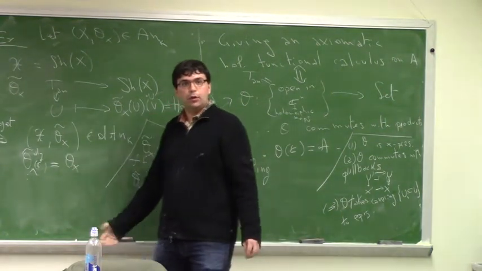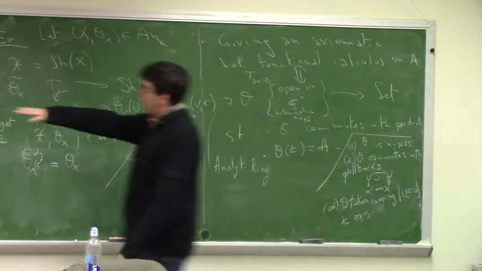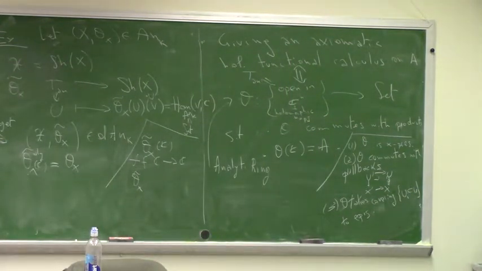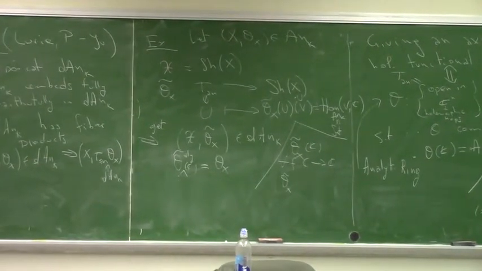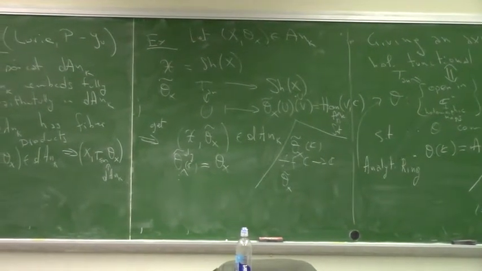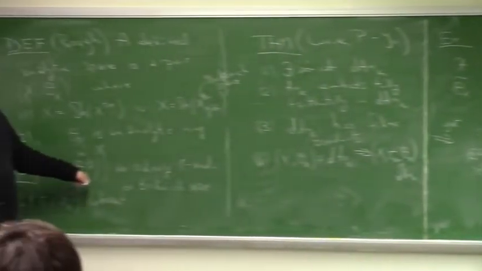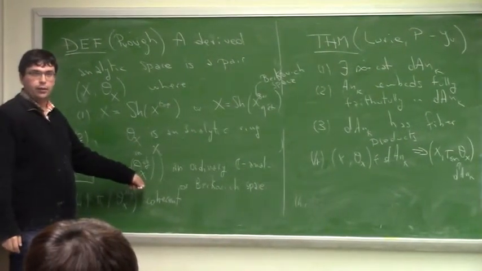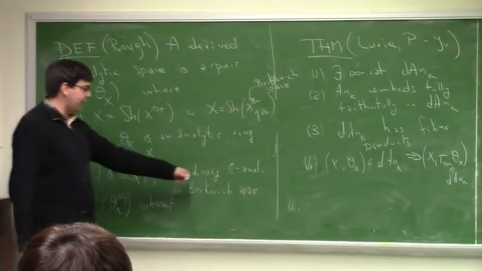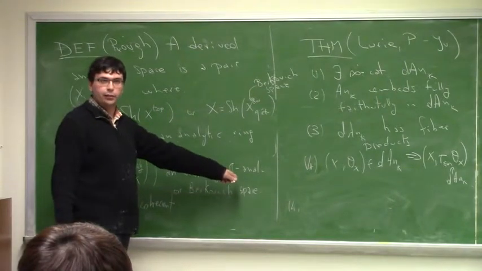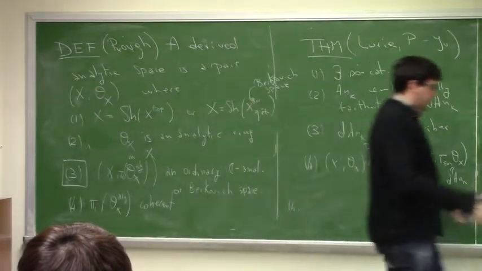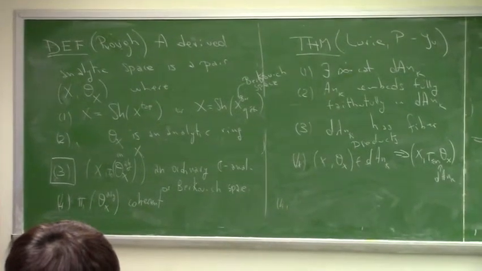That's all I want. Okay, fine. But you see, this third property in the definition of the derived analytic space restricts a lot the class of analytic rings we are looking at. Sure, because we are asking that this is an order in a complex analytic space, so it shrinks the category a lot.